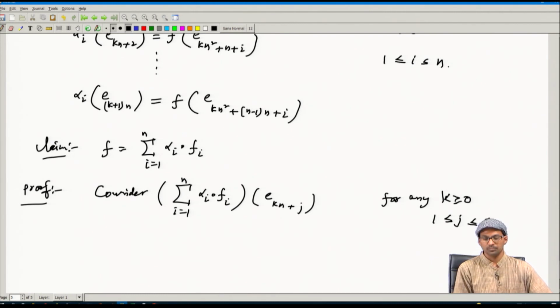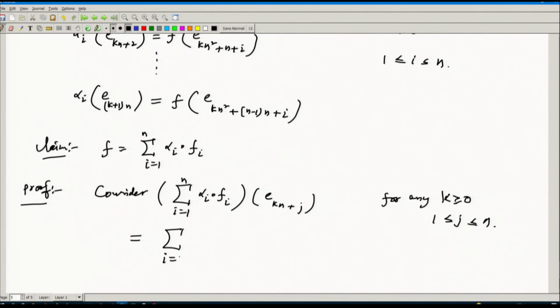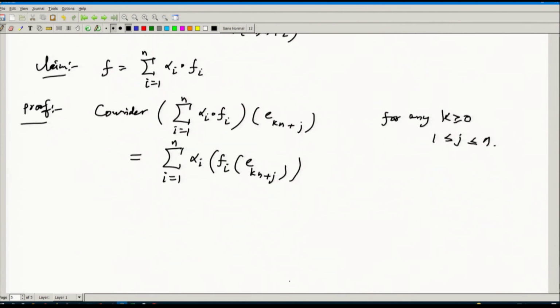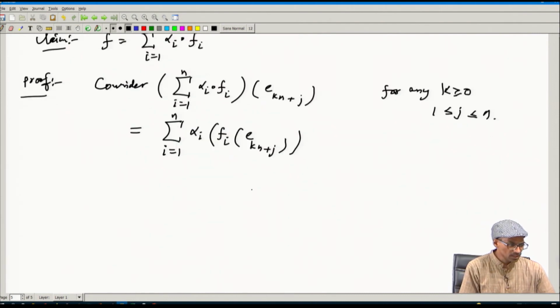and of course 1 ≤ j ≤ n. So this is equal to the summation, i from 1 to n, of alpha_i of phi_i evaluated at e_{kn+j}. But according to our definition of phi_i, what is this?